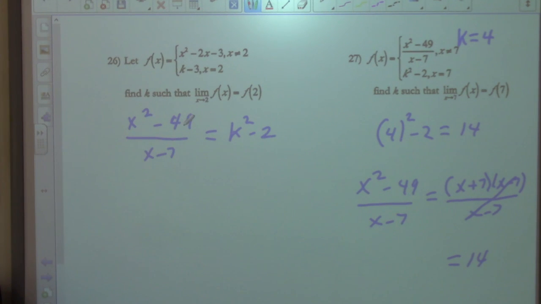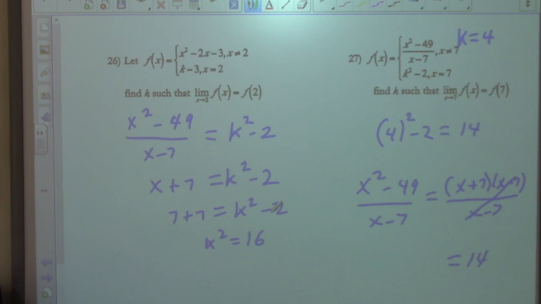And then x does not equal 7, so with this cancellation we end up with x plus 7 equals k squared minus 2. And if we substitute in 7, we get 7 plus 7 equals k squared minus 2, and add 2, so we get k squared equals 16.